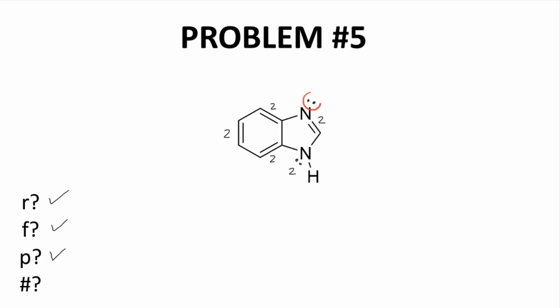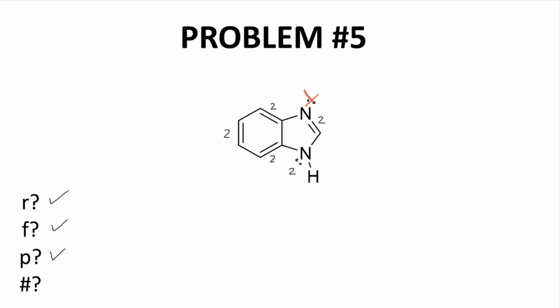Now the question is, how about those electrons right there? Those electrons right there, we can't count them. This nitrogen has a p orbital. That p orbital is involved in making that pi bond. Therefore, it is not involved in holding that lone pair. That lone pair is in an sp2 hybrid.